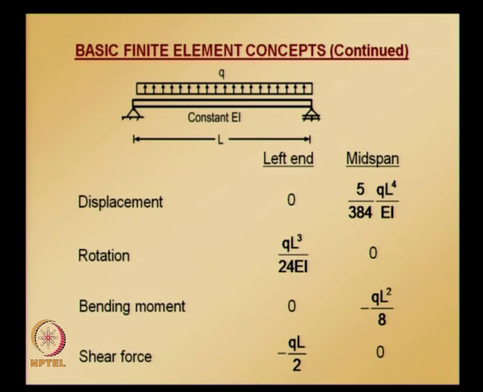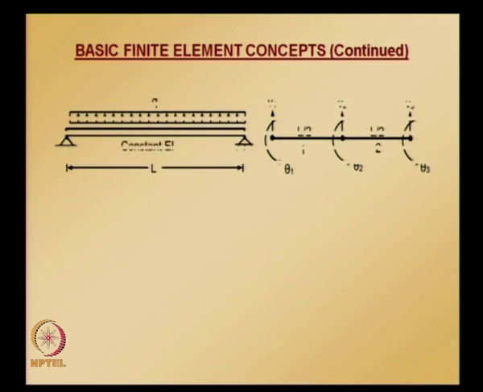Now let us see how the solution looks if I apply the finite element method using 2 elements, and what the accuracy of the solution is. The problem is solved using the standard finite element solution procedure that we developed, using a 2 element model.